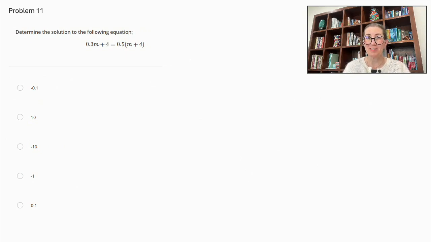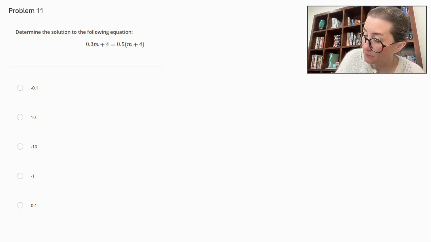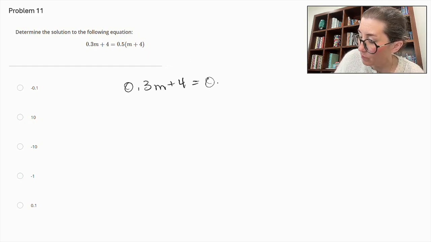Problem number 11. Determine the solution to the following equation. 0.3m plus 4 equals 0.5 times, in brackets, m plus 4. So let's work this out. 0.3m plus 4 is equal to 0.5 times m plus 4.